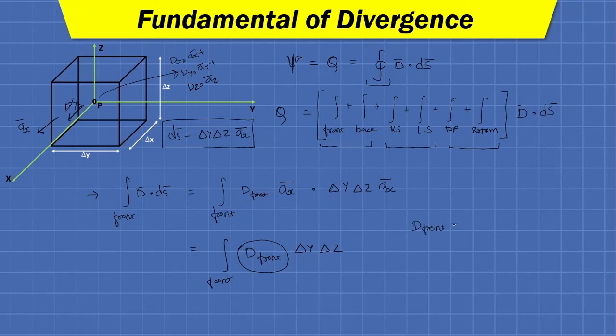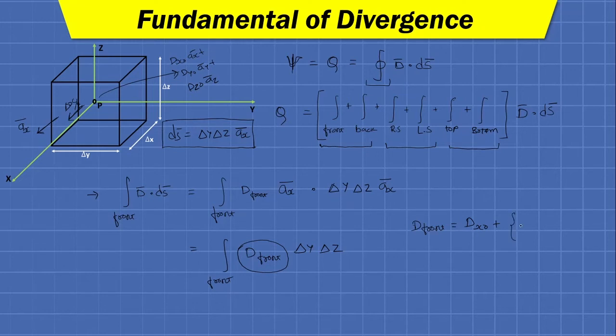To reach from point P to the front surface, we need to travel delta x by 2 distance in the positive x direction.